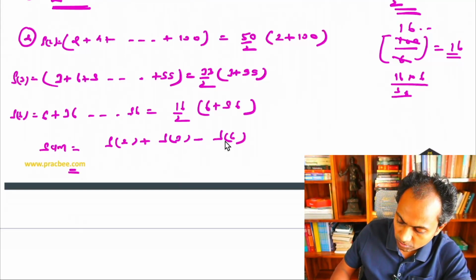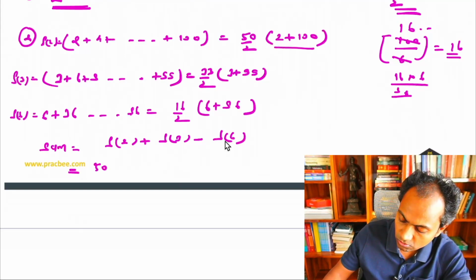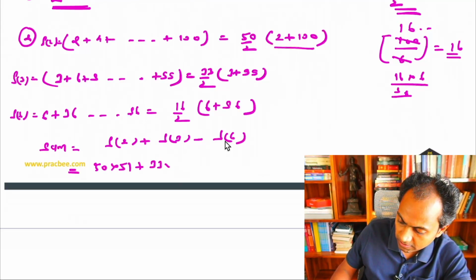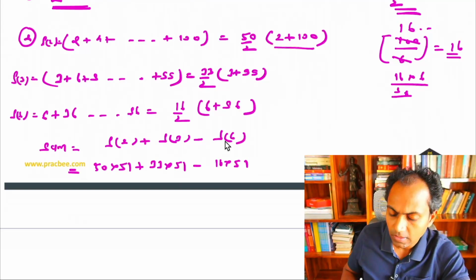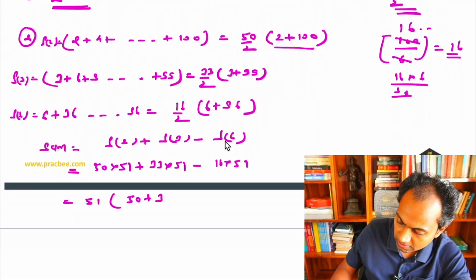We are using the same idea. So this comes out to be 50 times 102, and 102 divided by 2 is 51. The next one will be 33 into 51, and the last one would be 16 into 51. I can simplify this, since 51 can be taken common. We have 50 plus 33 minus 16, which comes out to be 51 into 67.